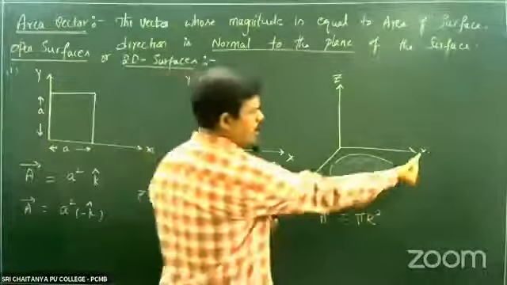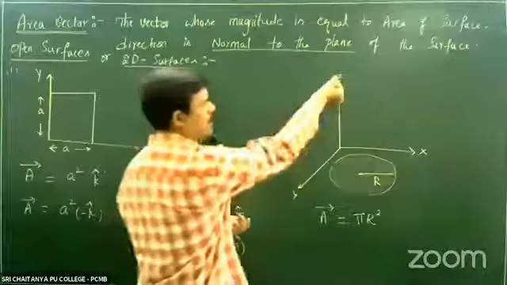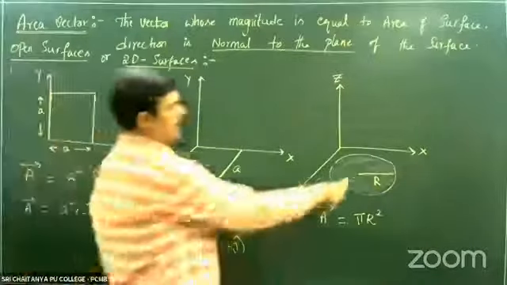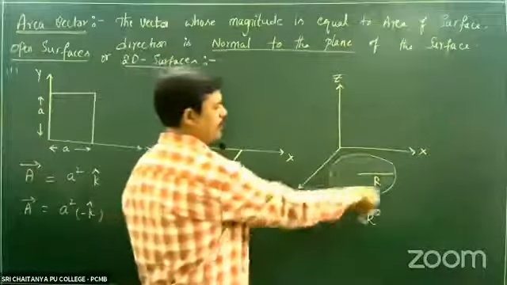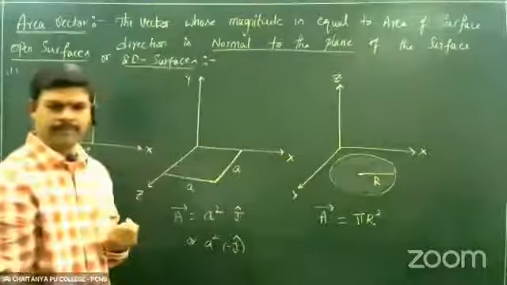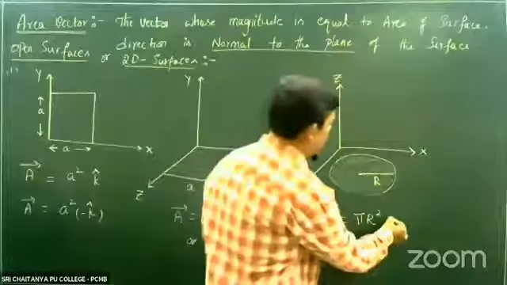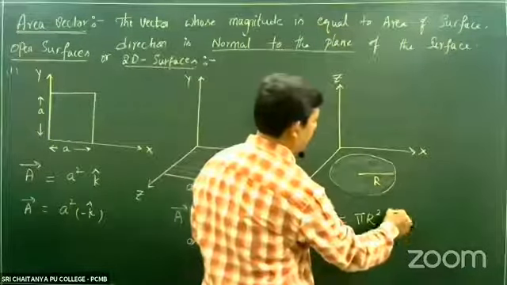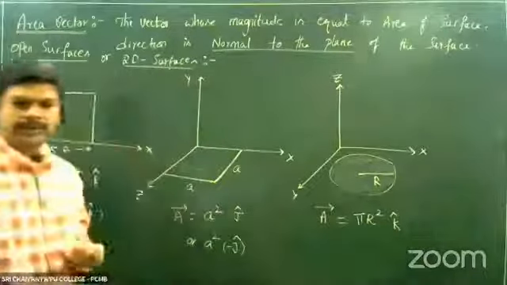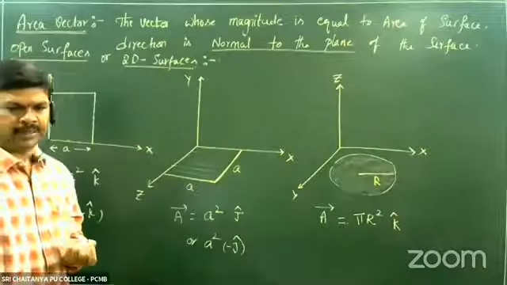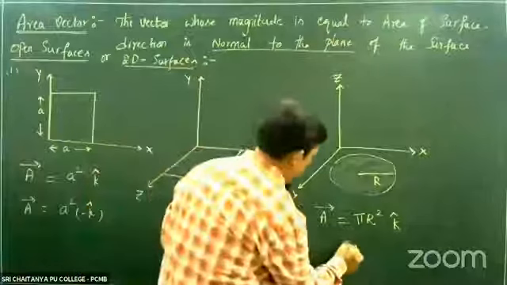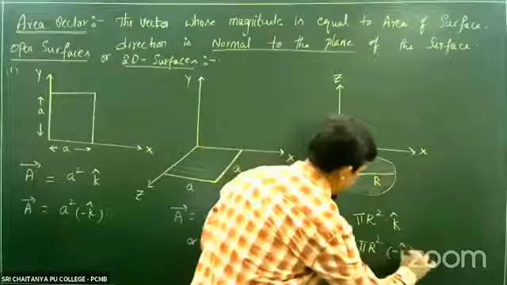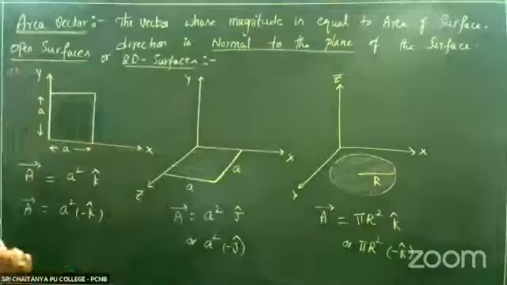Here, see X, Y, Z I take. In which plane it is now? XY plane. Then in what direction it is? Along Z direction. So pi r squared K cap, right? Or even you can write pi r squared minus K cap like this. Okay?